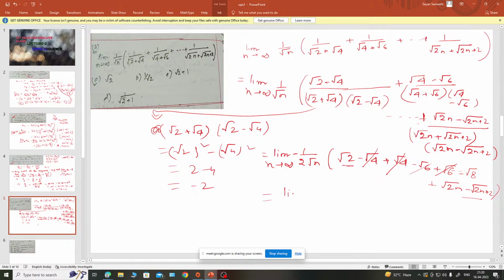So we can find limit n tending to infinity root 2 plus root 2n minus root 2n plus 2 by 2 root n. Is it clear to everyone?